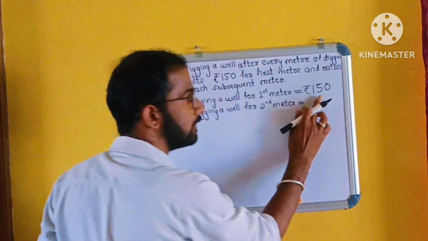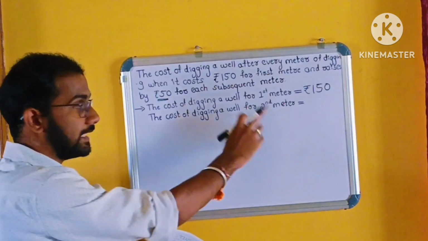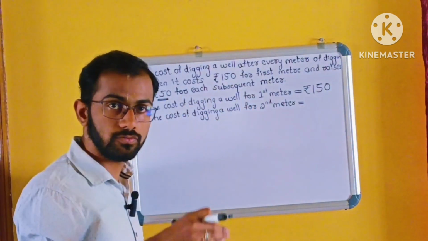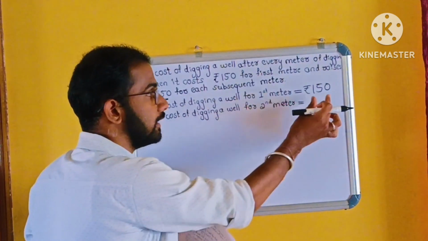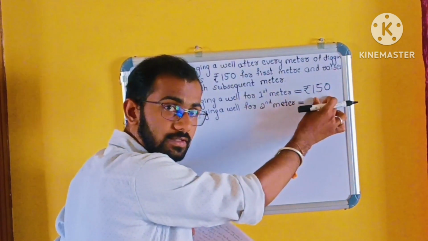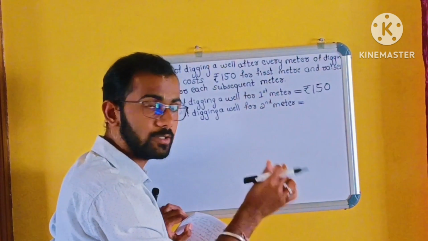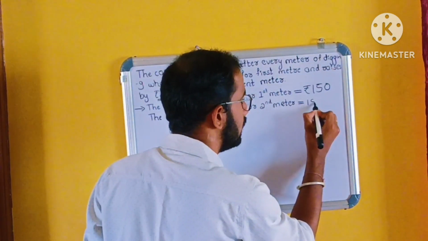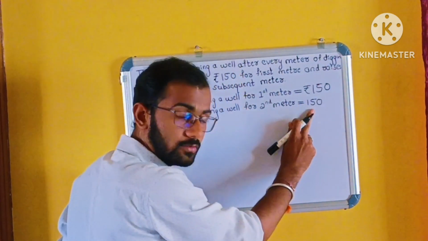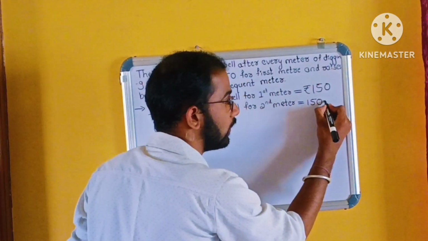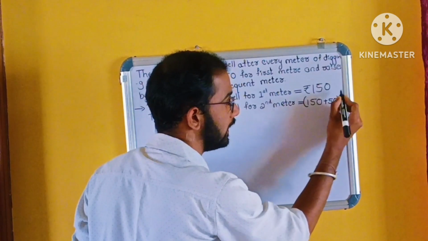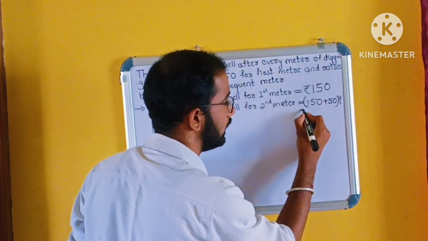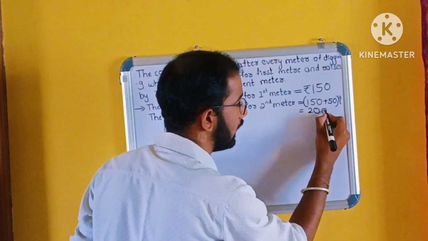This is for the first meter. Then for the second meter, if you continue, the cost will be raised by 50. Along with the first meter's cost, 50 will be added. That is, 150 for the first meter, and the cost will be increased by 50 again. It will be 200 rupees.